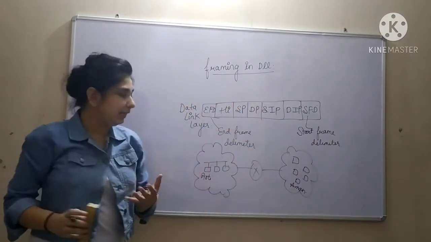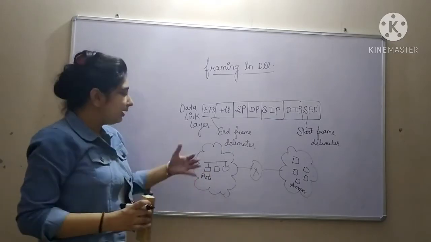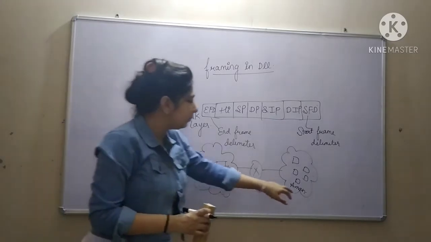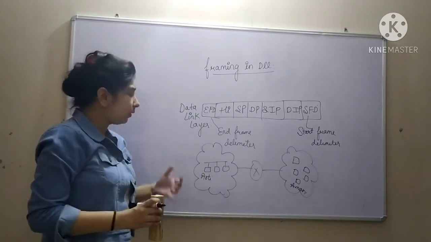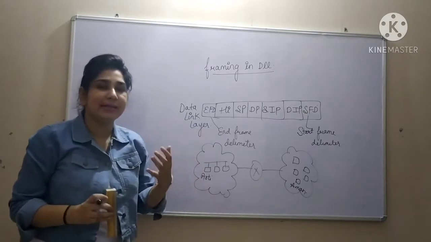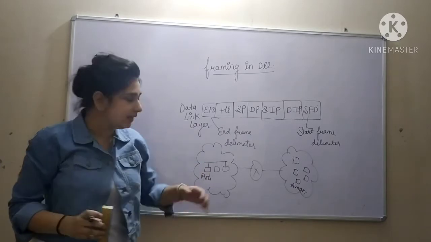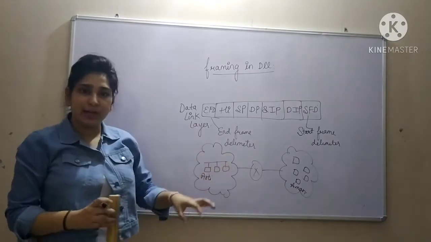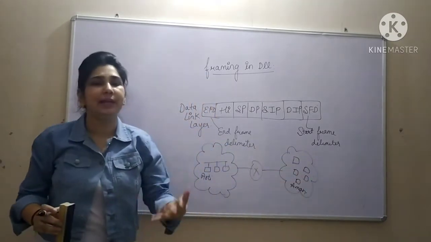Whenever I am sending a message to someone, in this case to my friend Aman, it is very important to determine whether the destination machine exists in the same network or in some different network.